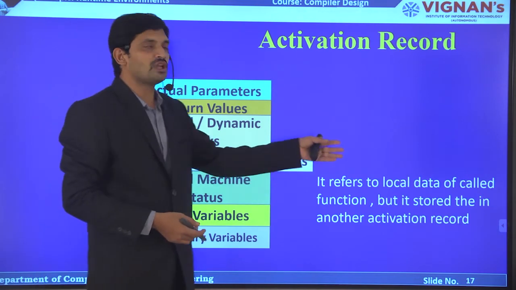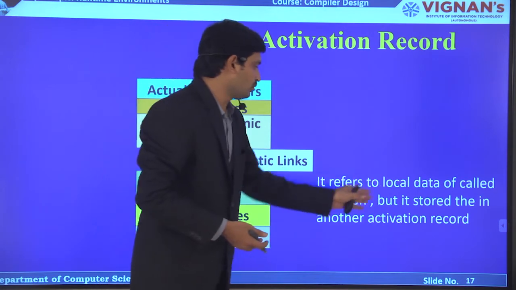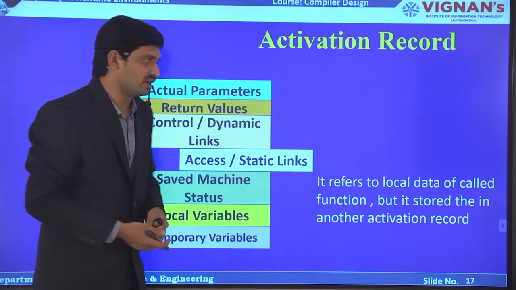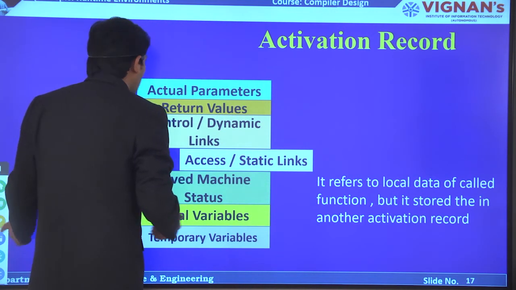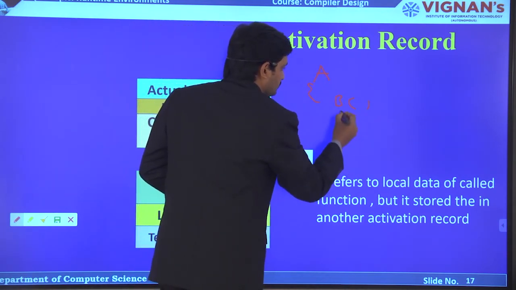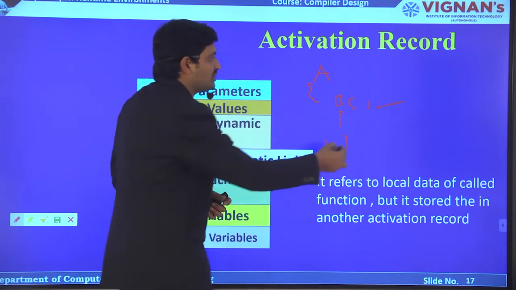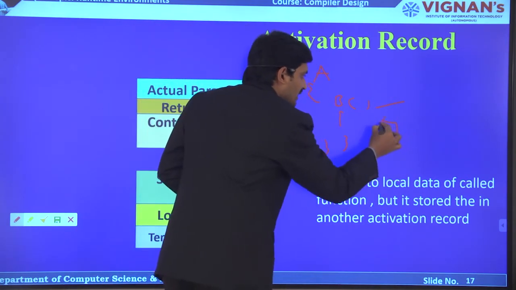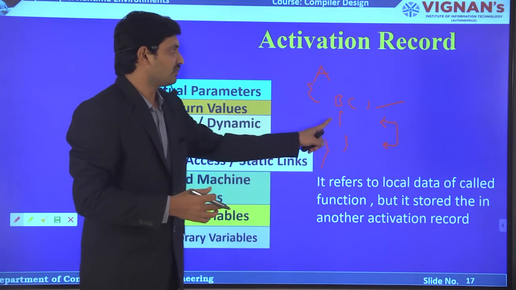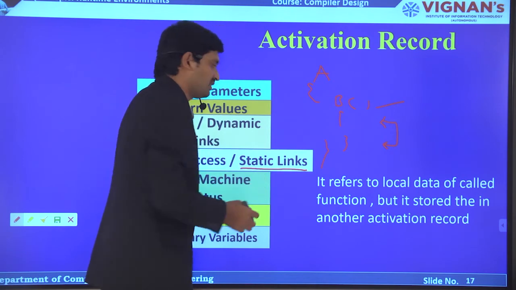It refers to the local data of the called function, but it is stored in another activation record. Here we use the example of A and B. B is the called function. If we are using any data in B, it is the local data for B, and such data is stored in these links.